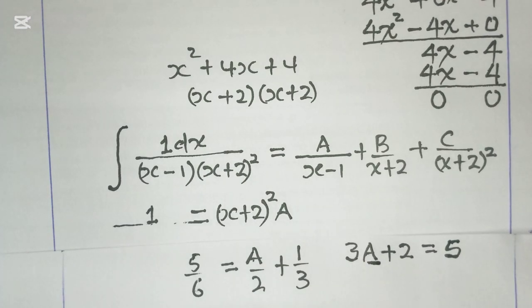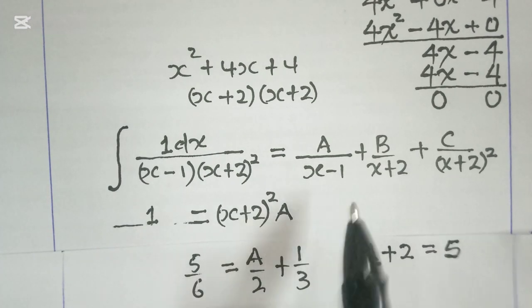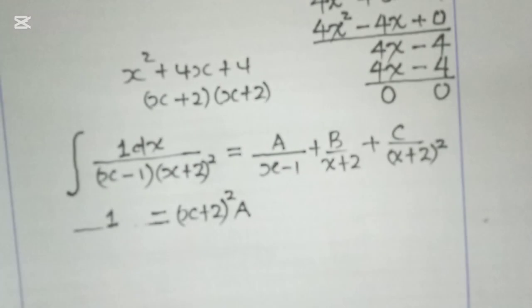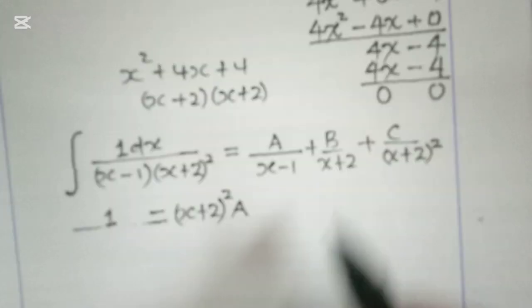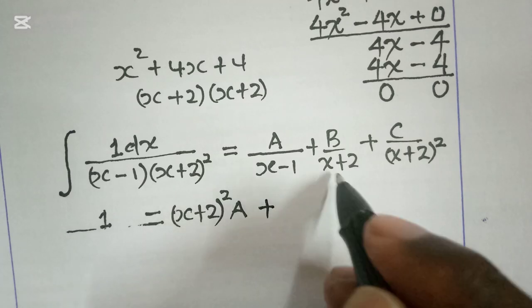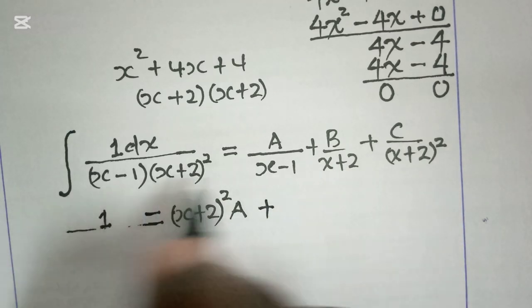And so guys, essentially that is what I am now doing. I have finished with A, so I will come to B now. I will say plus B, x plus 2 divided by that.